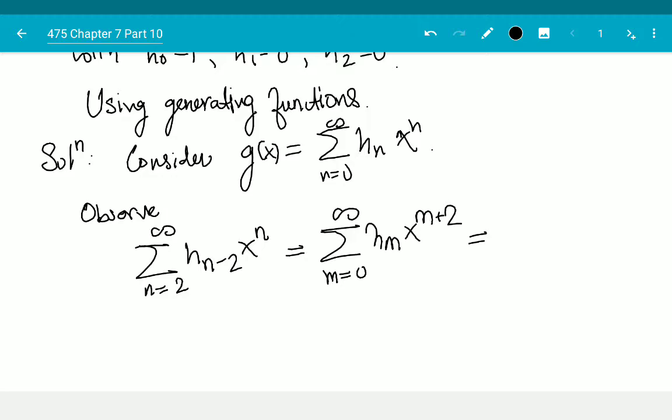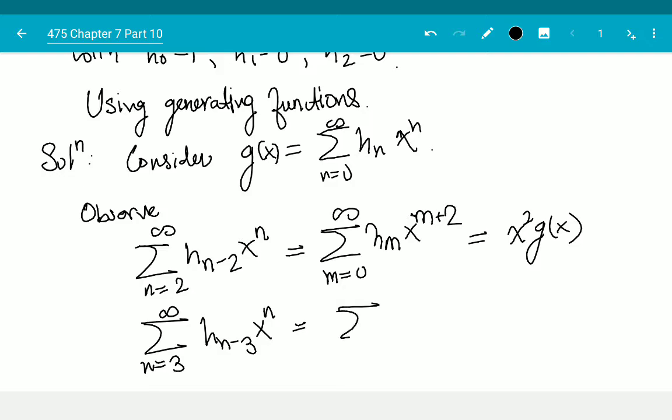Both are just names for the same variable that I'm summing over. So this is just x squared times g of x. Similarly, if I start the sum at n equals 3, h of n minus 3 x to the n is summation m equals 0 to infinity h of m x to the m plus 3, which would be x cubed g of x, right?